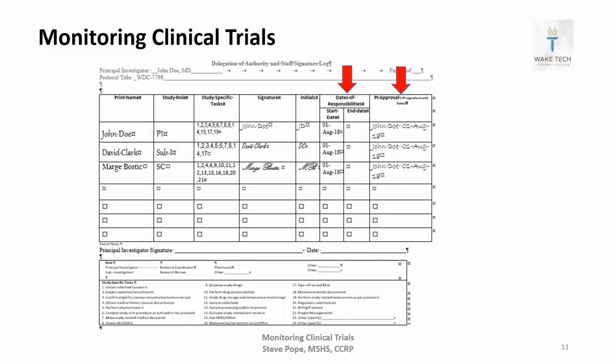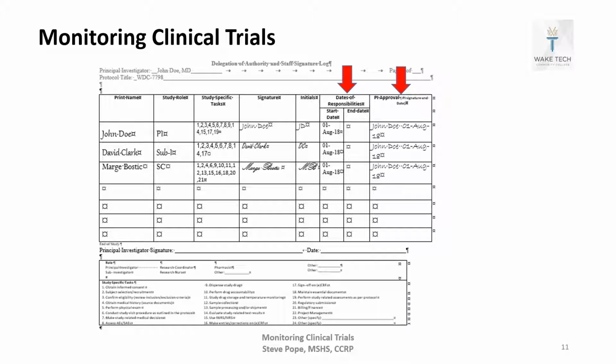It's important to understand that the investigator cannot delegate a task until that staff member has been properly trained on how to perform that task. So we need to make sure that we're watching these dates very carefully so that we don't see a staff member performing certain functions that they have not been trained to do yet.